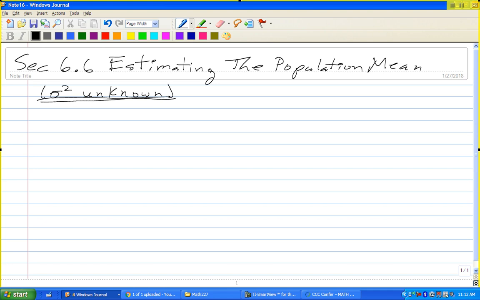Let's just recall that we have a t-distribution. If your variance is known, then we have a z random variable.